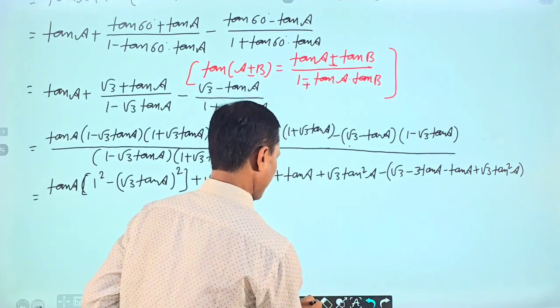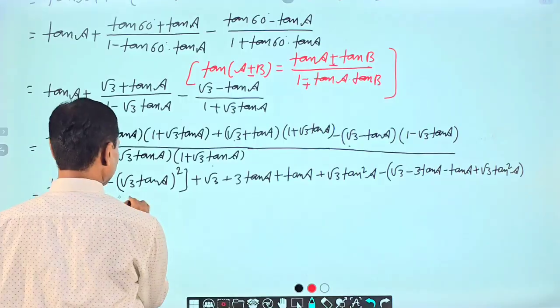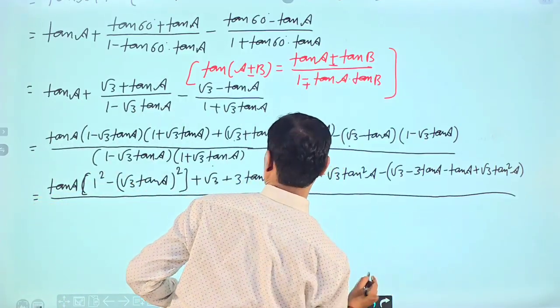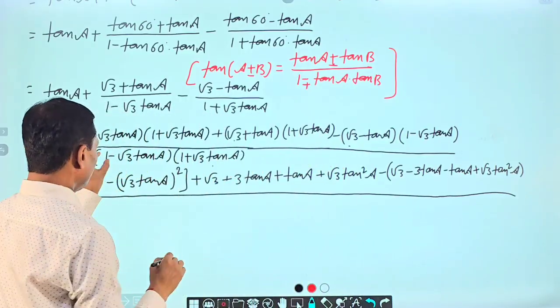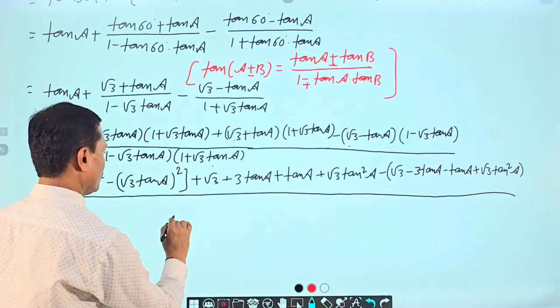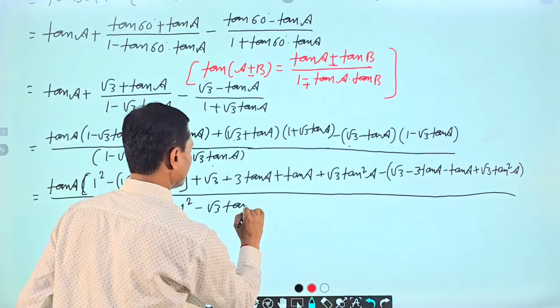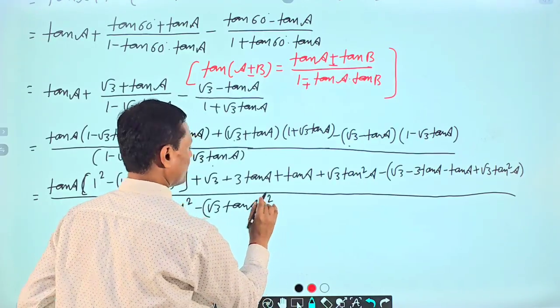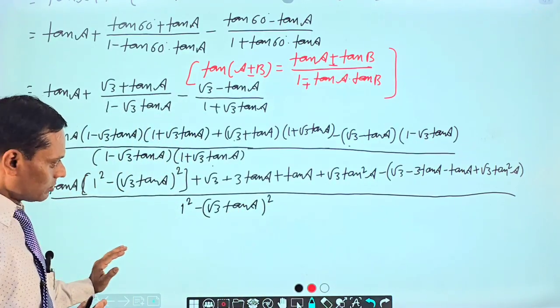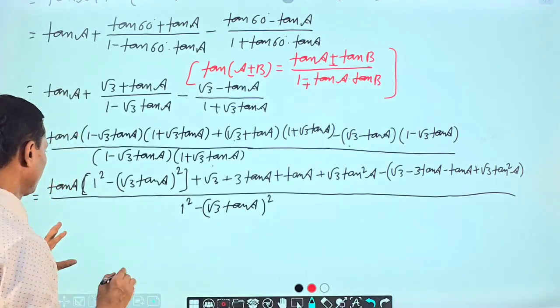Okay. And at the denominator, we write a minus b and a plus b, means a square minus root 3 tan A and its whole square. It's clear? Now, I'm just going to simplify.